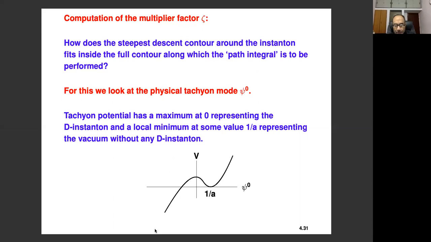On this side, the potential goes to minus infinity as psi 0 goes to minus infinity. So based on this structure of the potential, we have to decide what integration contour for psi 0 to choose to define the path integral. You have to choose an integration contour appropriately so the path integral is well defined. Is this clear? Are there questions?